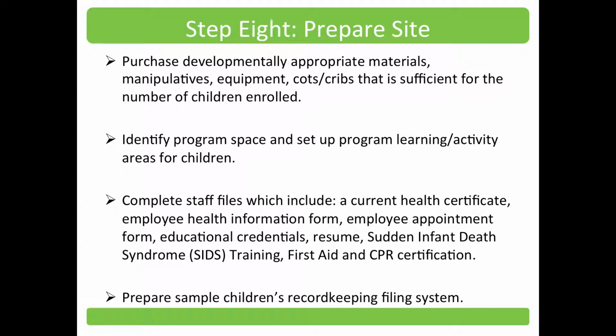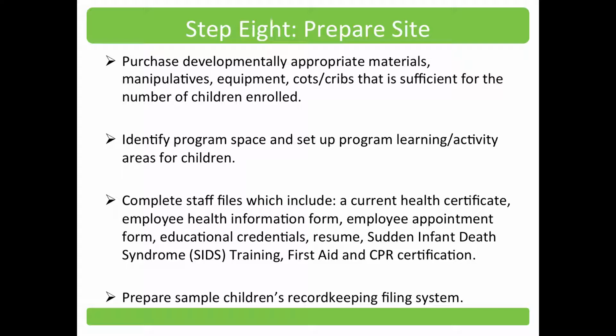Step 8. Prepare site. Purchase developmentally appropriate materials, manipulatives, equipment, cots, and cribs that are sufficient for the number of children enrolled. Identify program space and set up program learning activity areas for children.